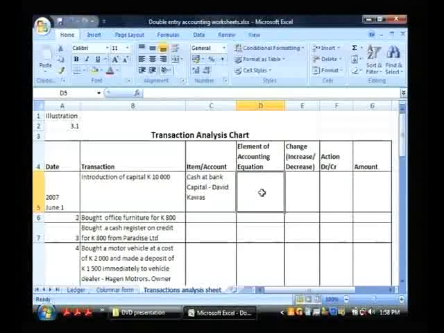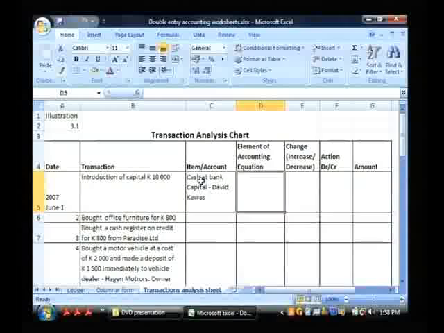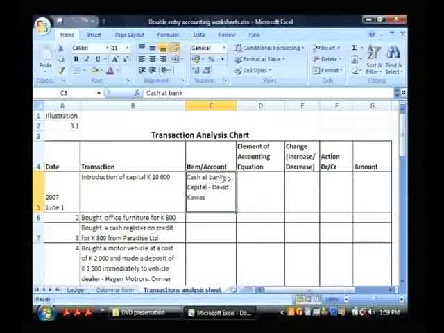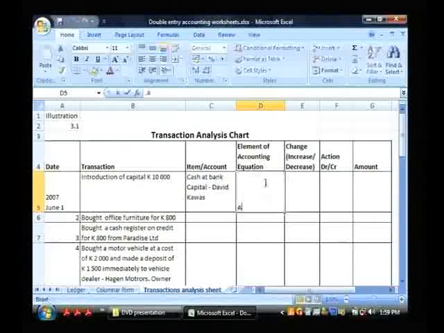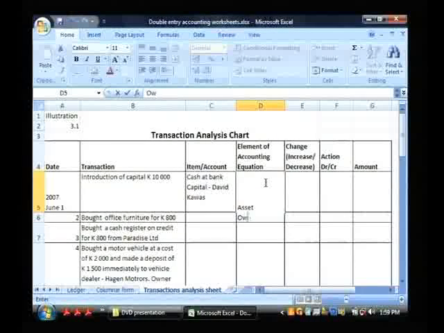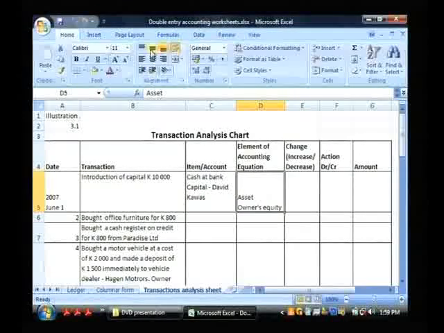And the element of accounting equation, that is the corresponding asset or liability or owner's equity. Here cash means an asset, and capital means owner's equity. So the two categories involved are asset and owner's equity.